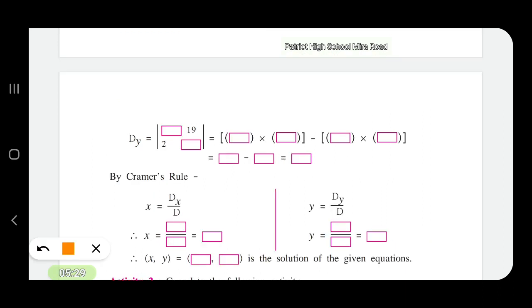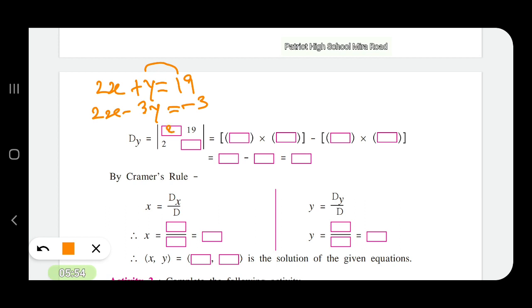Our two equations were 2x plus y is equal to 19 and 2x minus 3y is equal to minus 3. So Dy, how do we get Dy? We bring the values of the third column in place of the second column. So we have the first column as it is.